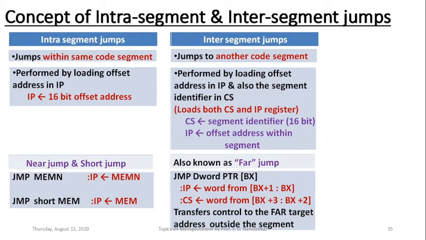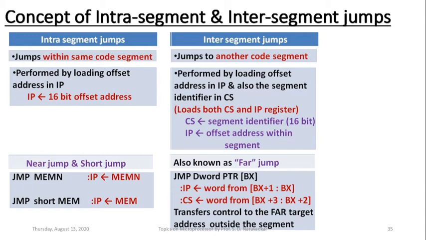Out of that, the first word is to be loaded into the instruction pointer register. This word is read from memory locations BX and BX plus 1. And the second word, out of that double word, is to be loaded into the CS register, which is a new segment identifier.